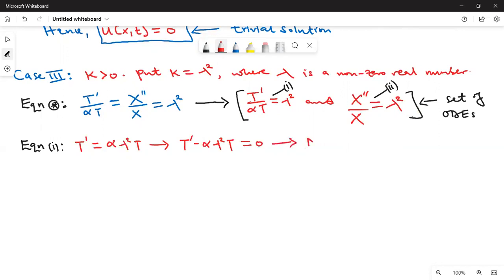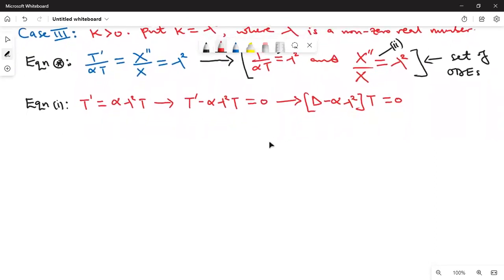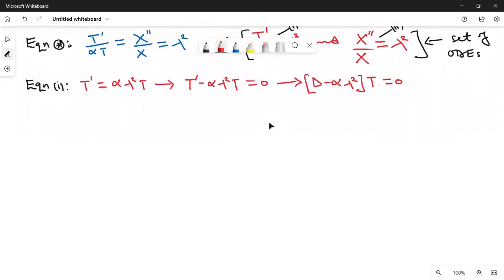This is the same as d minus alpha lambda squared operating on t to give us 0. Remember here, our d is derivative with respect to t. And so our auxiliary equation is d minus alpha times lambda squared is equals to 0. When you make d the subject, you'll get 1 root. D is equals to alpha times lambda squared.